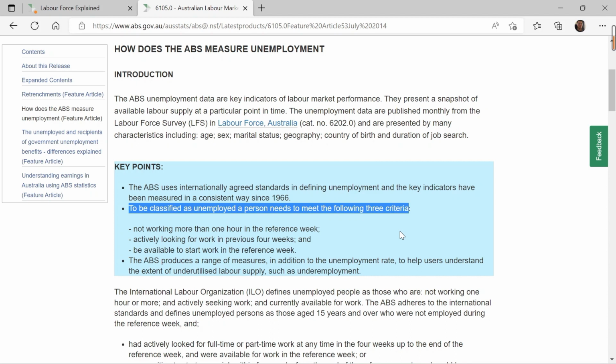Secondly, actively looking for work in the previous 4 weeks, and be available to start work in the reference week. If a person satisfies these 3 conditions, then this person will be classified as being unemployed.